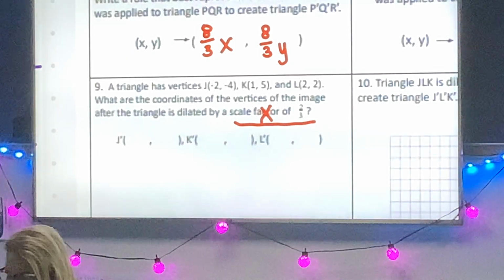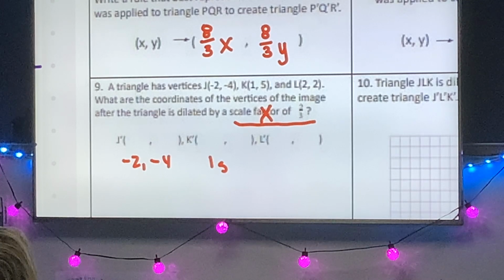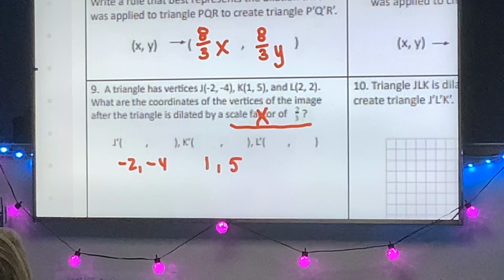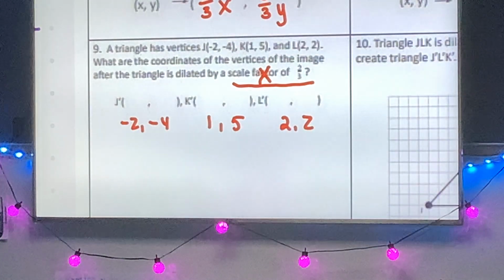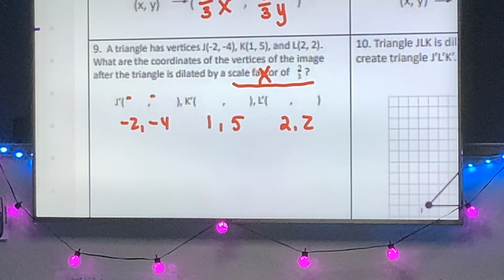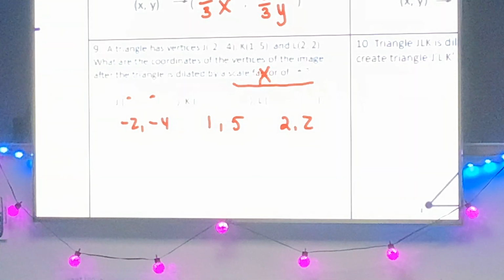You are going to pick up your calculator. I'm going to rewrite the originals right down here. These are the ones that are above. The sign will stay the same. Okay? So I know if it's a negative, it stays a negative. That's not going to change, so don't waste your time plugging that in.